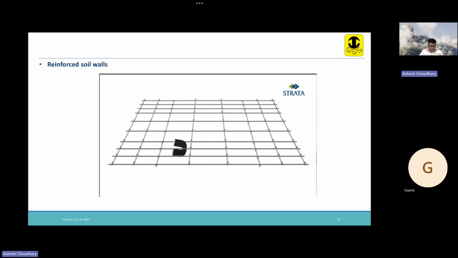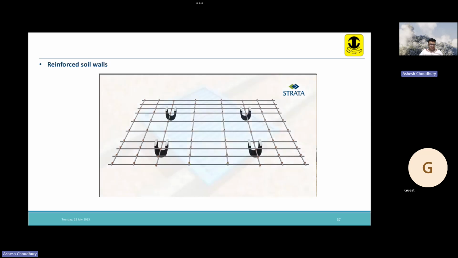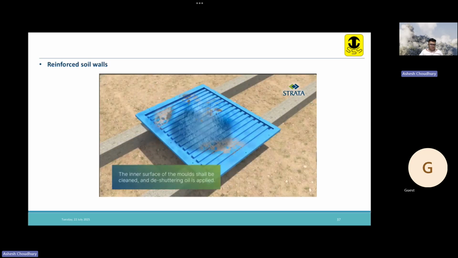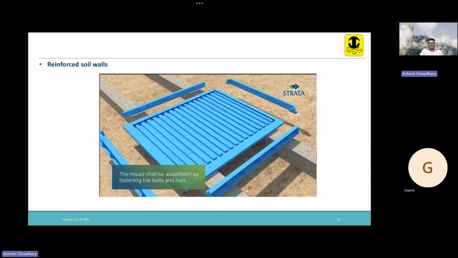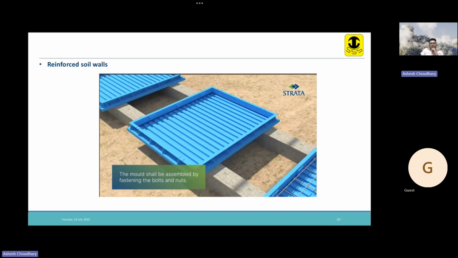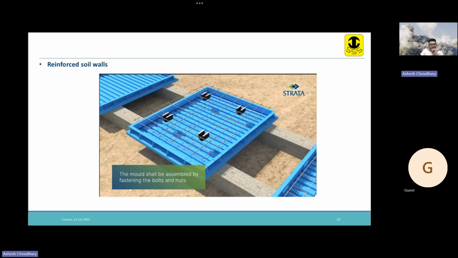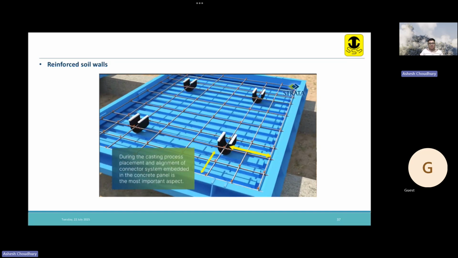The Strata Connect inserts must be placed in position within the assembled cage and tied to the vertical bars with binding wire. The surface of the panel mold has to be perfectly leveled. Correct positioning and fixing of the connector on the reinforcement must be rechecked.